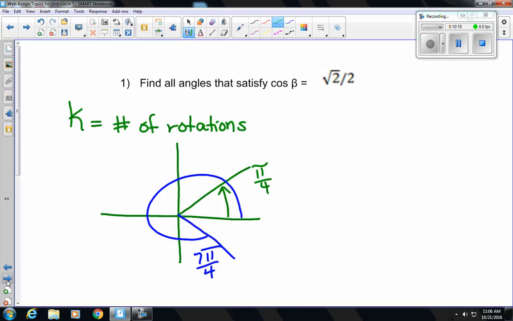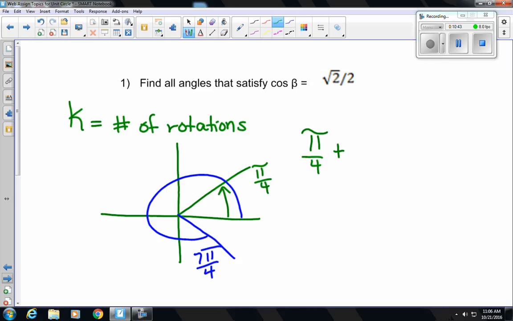What they're trying to get you to understand is that if you make multiple rotations, either in terms of pi or in terms of 2 pi, you should get back to where you started. So, if I start with pi over 4, and add pi k to this, where am I now? I'm at 225. Is that where I want to be?